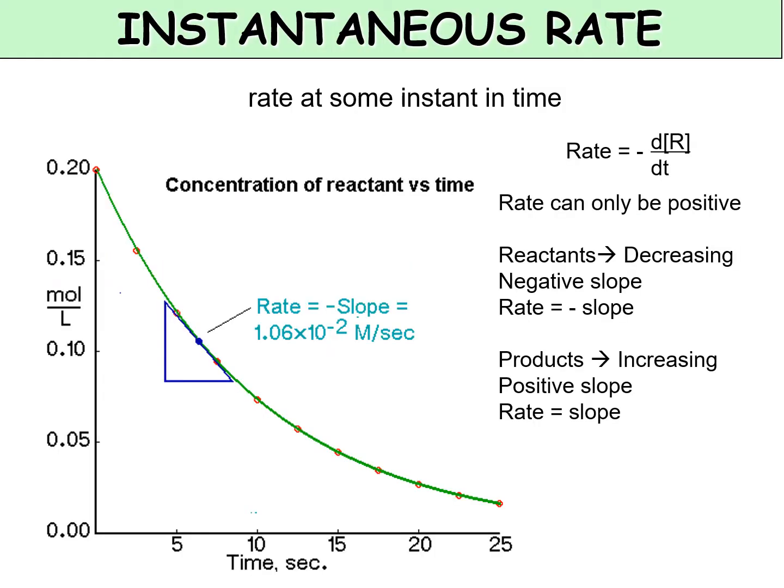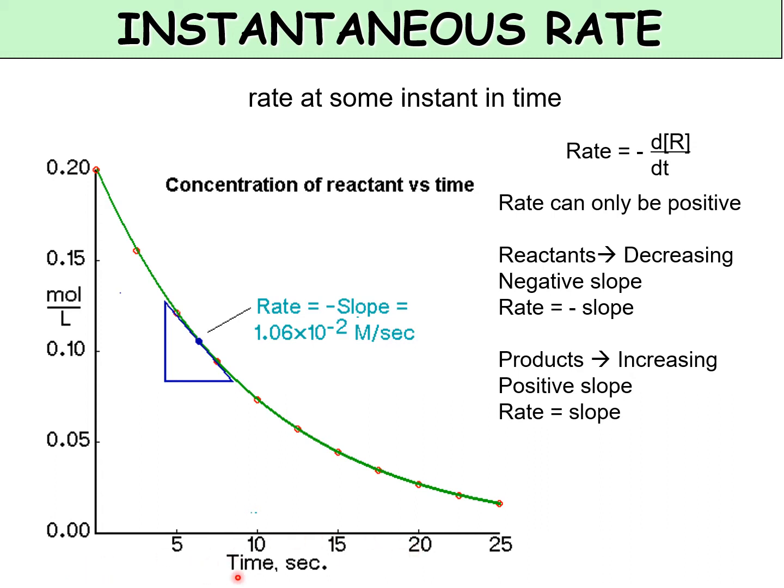This is something we have already covered in the other presentation, but basically the instantaneous rate can be determined as the slope of the tangent to the curve that describes how the concentration of the substance varies over time. So you can see here that on the y-axis we have the concentration as molarity.